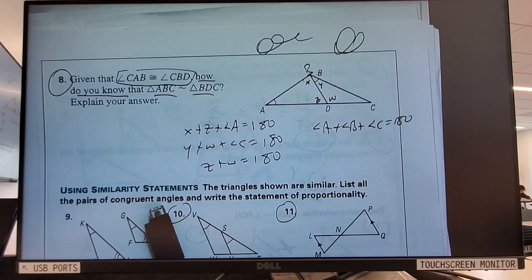I think one of you guys pointed out something really good. This is what I said to you guys. If you want to write a similarity statement, you want to set up the correspondence. So the way that they set up that similarity statement, what point A, B, or C in triangle ABC relates to point B in BDC? What do we mean then?